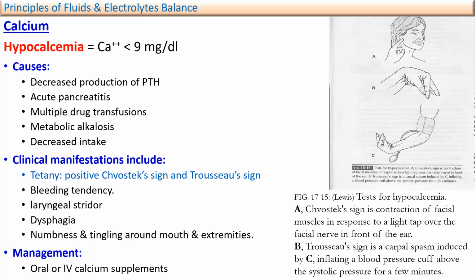Another etiology for the hypocalcemia is acute pancreatitis. And one of the manifestations of pancreatitis, or the symptoms, are fluid electrolyte imbalances like dehydration and hypocalcemia.